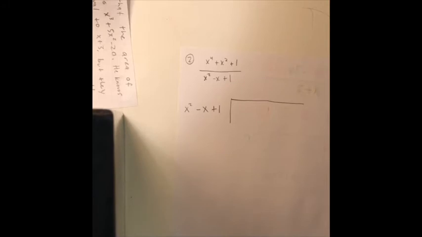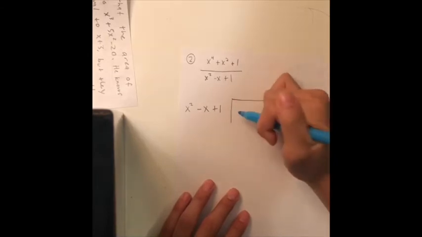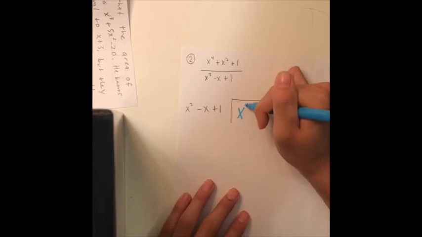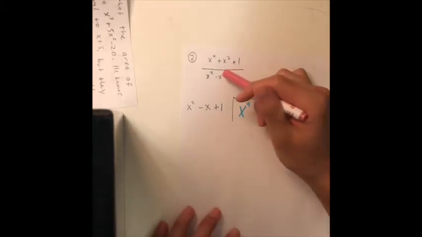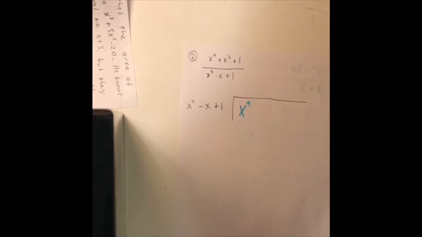So, hold on, let me color code it. X to the 4th. Oh, and notice how there's no x cubed in this problem. Since there's no x cubed, we're going to want to make a placeholder.